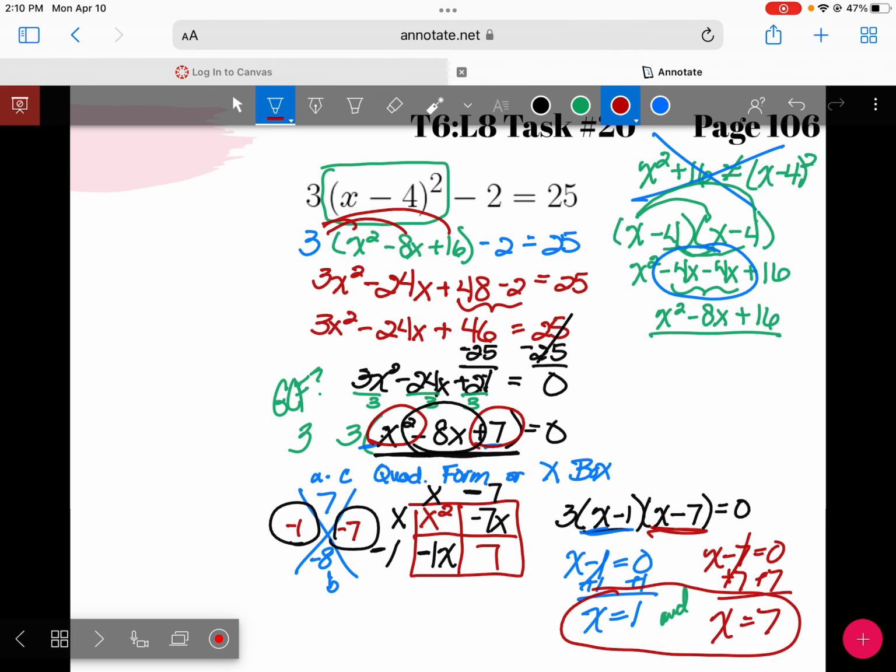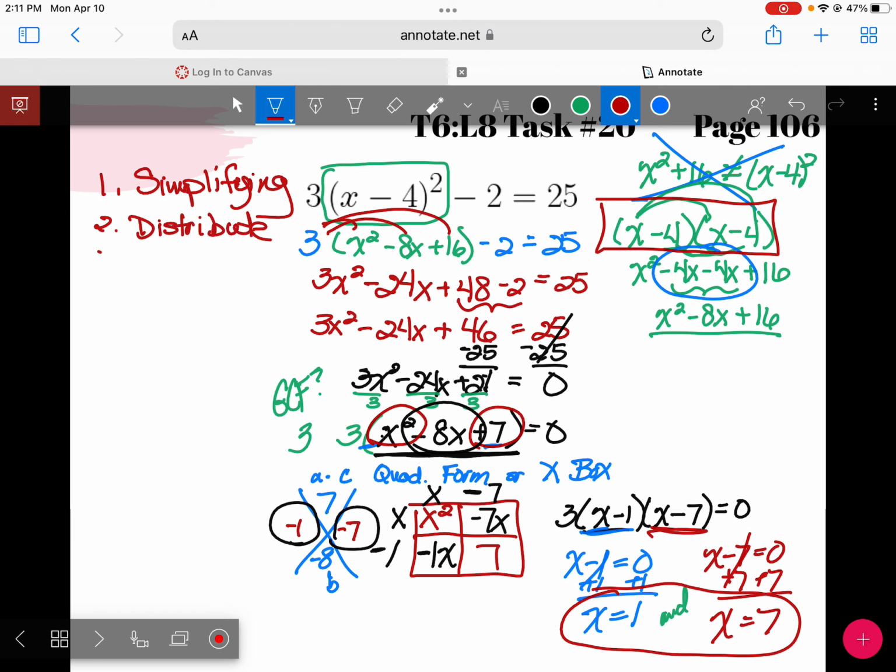But the steps here involved, 1, doing some simplifying. You have to kind of clean it up. And that may mean you need to multiply out that quadratic. Then I had to do some distributive property. And we had to simplify again a little bit.